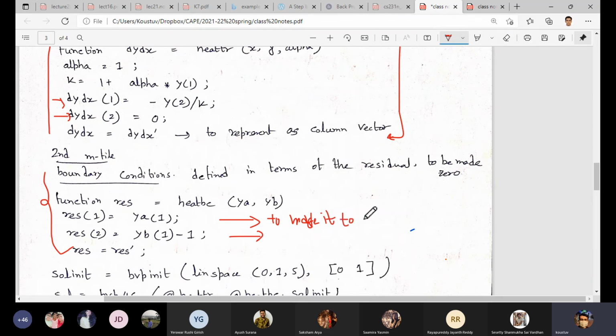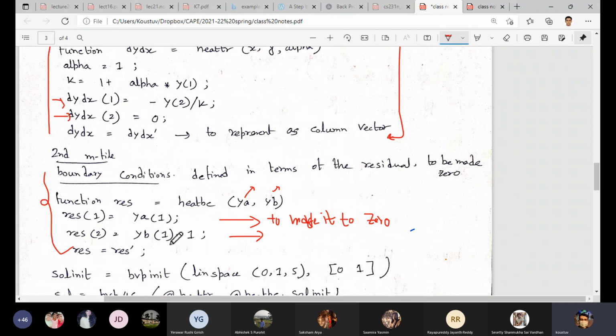That means it calculates based on the functional approximations, and it has to satisfy the boundary conditions y at a and b. That means at x equals a and x equals b, the functional values of the variable have to be satisfied.